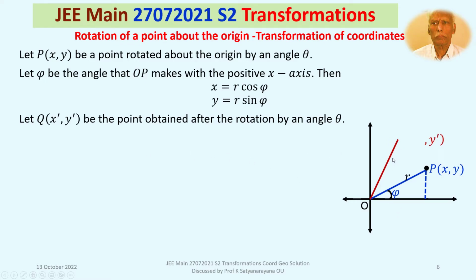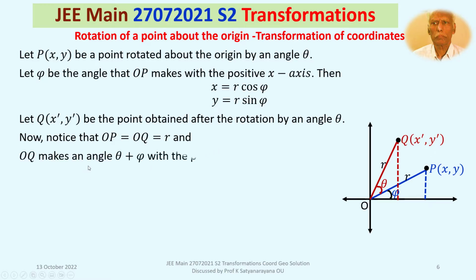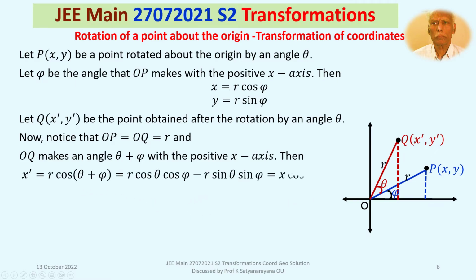Notice that OP is equal to OQ is equal to r, because on rotation the length stays the same. So, x prime is equal to r cos of theta plus phi.